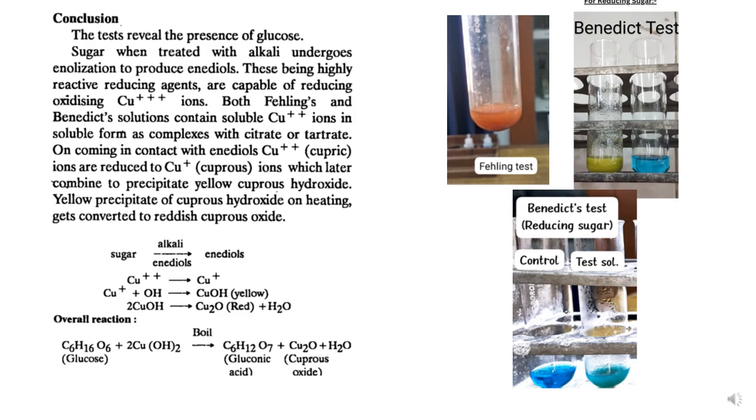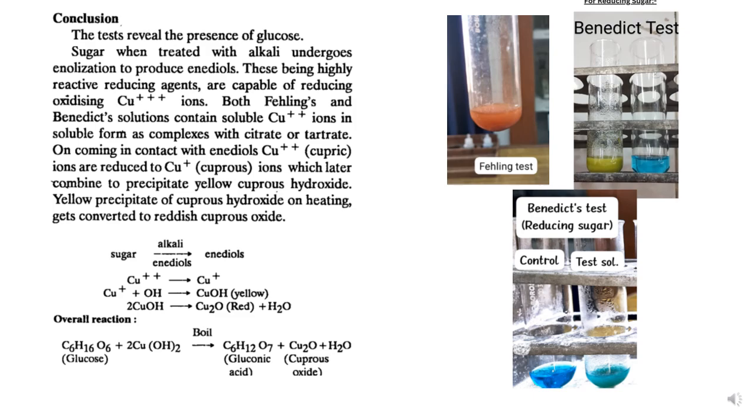And what conclusion we derive is that when sugar is treated with alkaline solution, it undergoes enolization to produce enediols, and these are highly reactive reducing agents which are capable of reducing Cu2+ ions. Both Fehling's and Benedict's solutions contain Cu2+ ions in soluble form, which form a complex with citrate or tartrate.